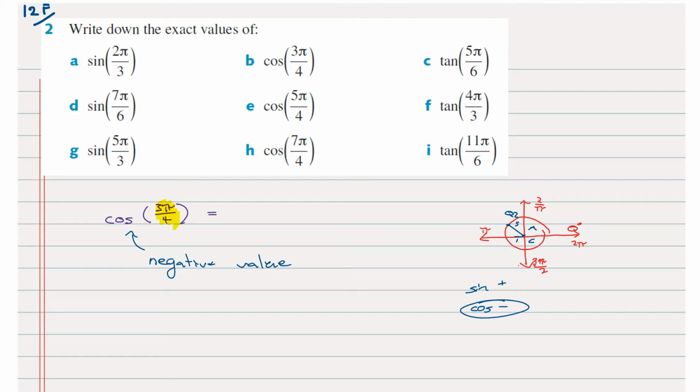Now the next question is, well, okay, if this is theta, so theta equals 3 pi on 4, and theta being the exterior angle as seen over here, then what's our interior angle? Well, our interior angle is going to be pi minus theta.